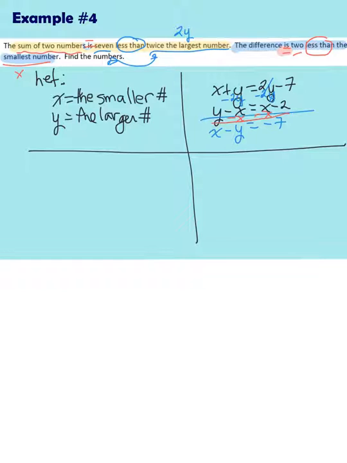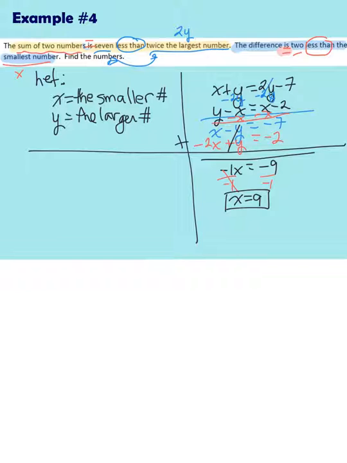A negative x and a negative x is a negative 2x, plus y equals negative 2. So that's my system. When I add this system together, those y's cancel. I have a positive x and a negative 2x, which gives me a negative 1x equals negative 7 and negative 2, which is negative 9. Divide by negative 1, and I get x is equal to 9.